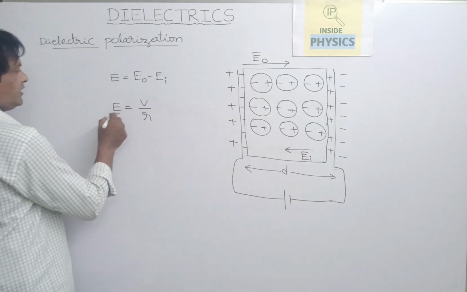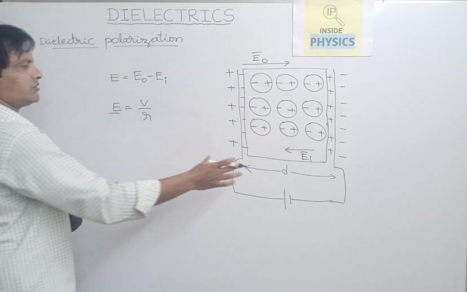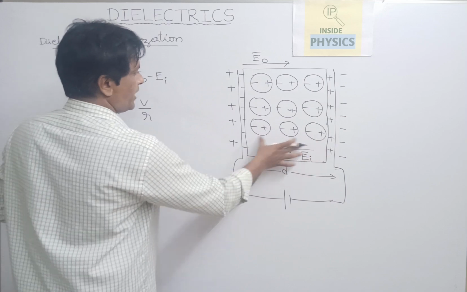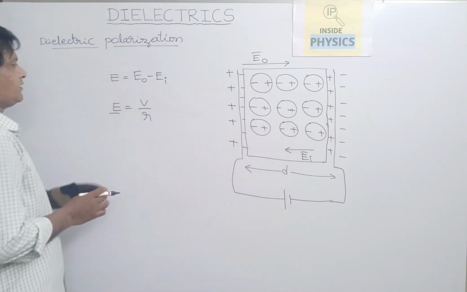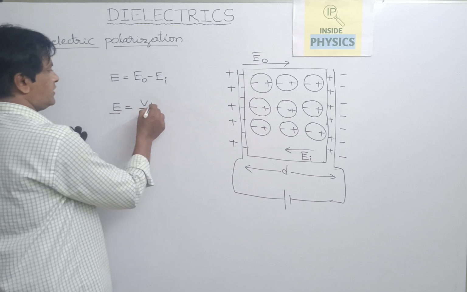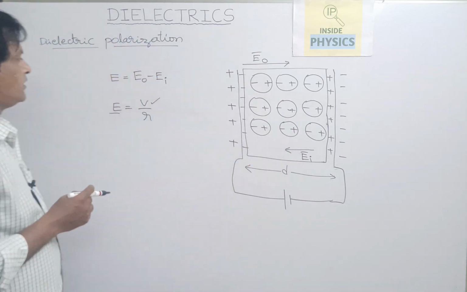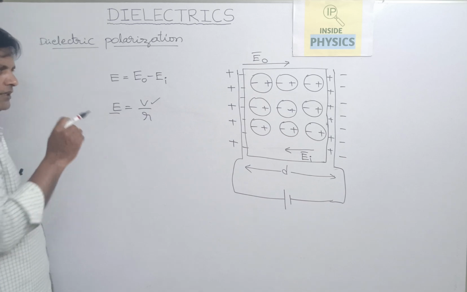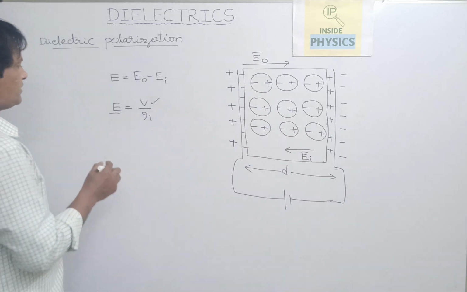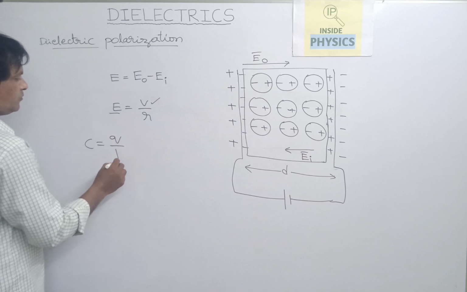Here the electric field is reduced and the potential is also reduced between the two parallel plates of a capacitor. So the potential is decreased. The potential and the capacitance of a capacitor are related as C is equal to Q by V.